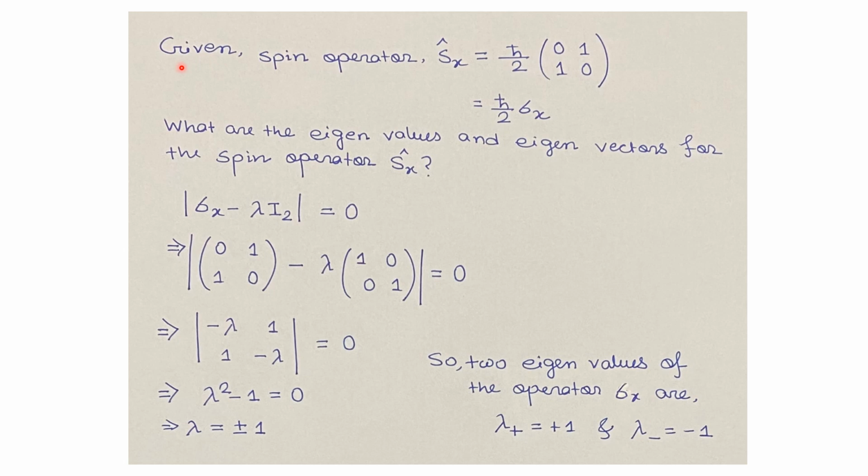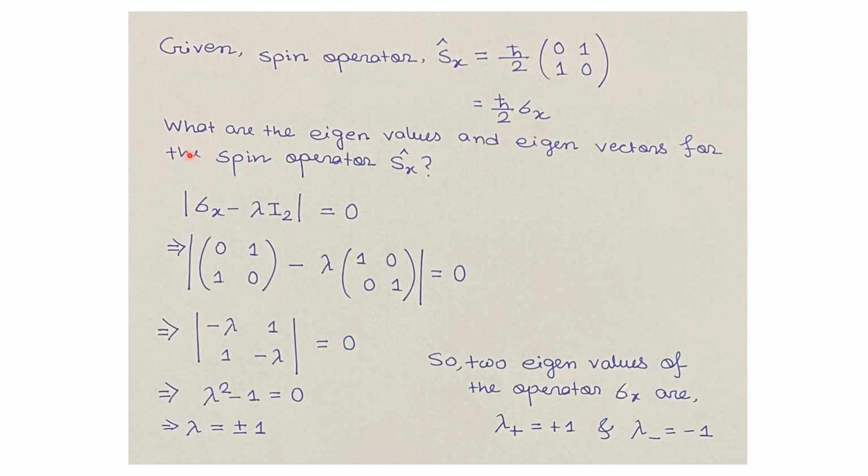So it is given in the question that the spin operator, that is the x component of spin, Sx cap equals ħ/2 times this matrix [0, 1; 1, 0]. Now this matrix can be written as sigma x, which is one of the Pauli matrices. So Sx cap equals ħ/2 times the Pauli matrix sigma x.